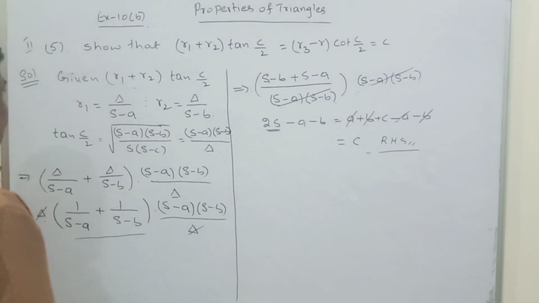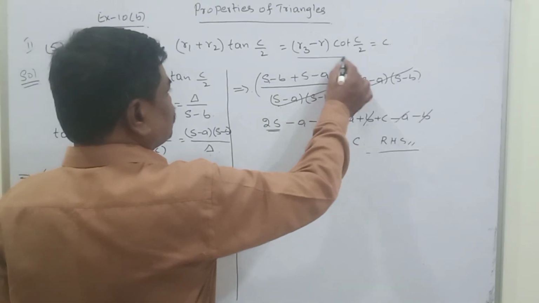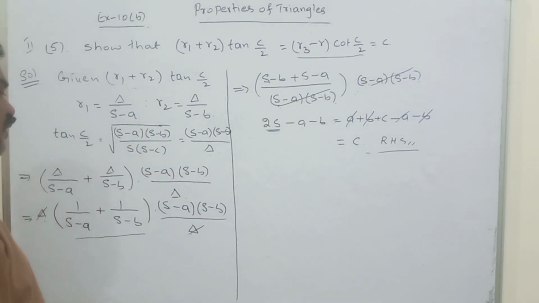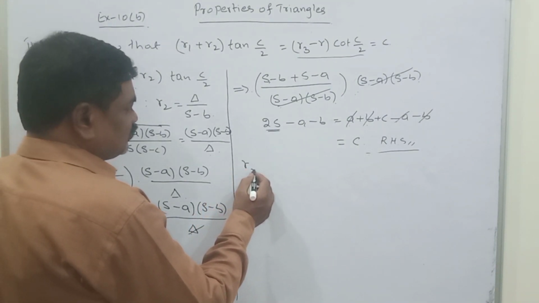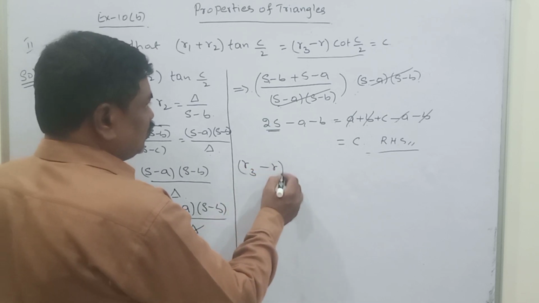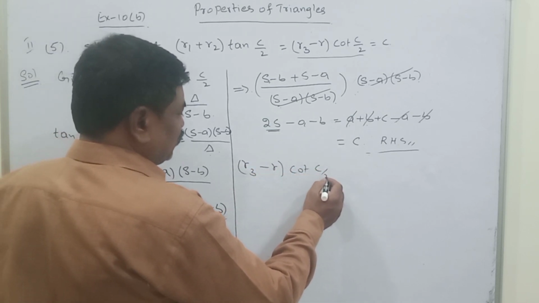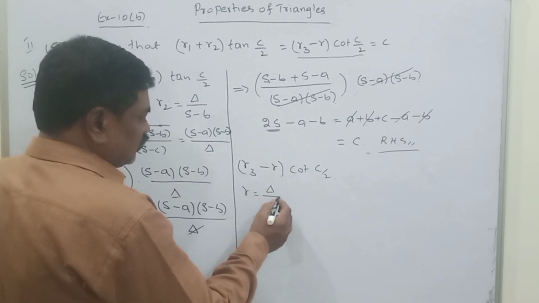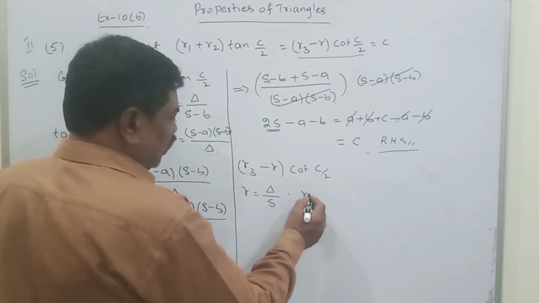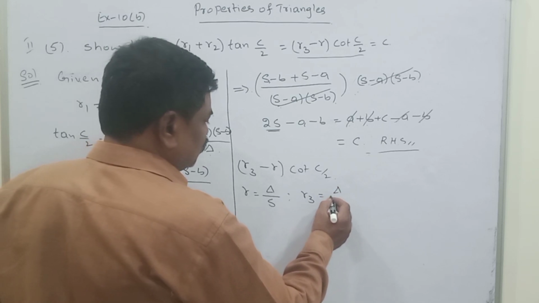Then you take second LHS: R3 minus R into cot C by 2. So R is equal to what? Delta by S. R3 is equal to what?